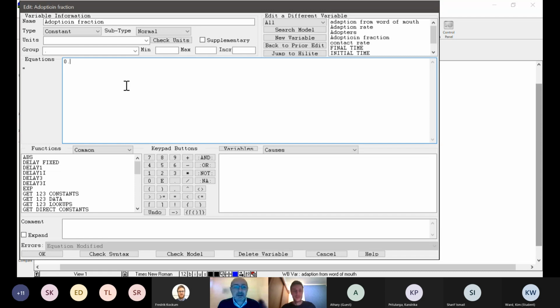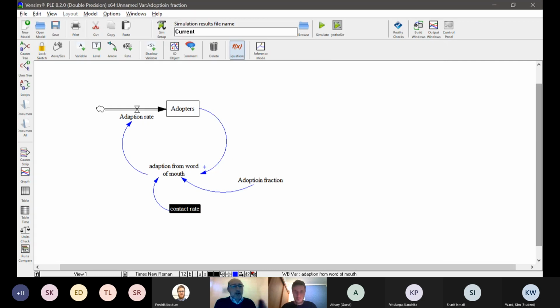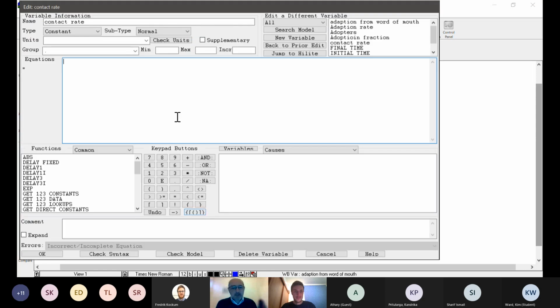Let's suppose that the adoption fraction is 5%, right? That will be 0.05. So we say that for every contact between an adopter and a contact rate, there is a 5% chance that they become an adopter. And the contact rate depends on how many friends they have.